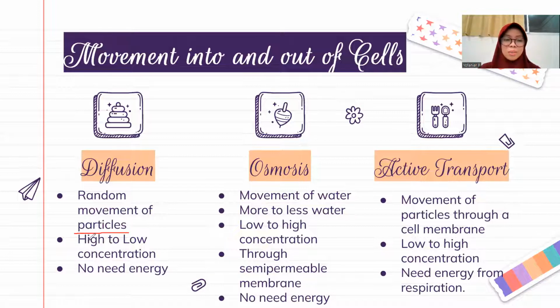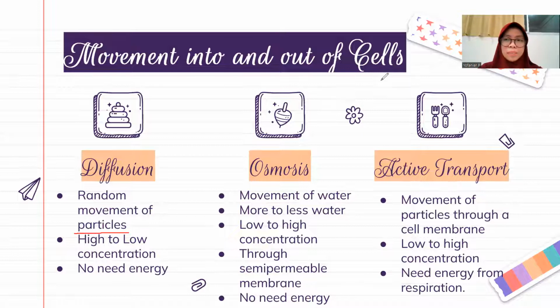What does it mean, high to low concentration? High concentration means there are a lot of particles in that region. Meanwhile, low concentration only has a few particles. And this process happens naturally and it doesn't need any energy from respiration. So for diffusion, the particles only rely on their own kinetic energy.